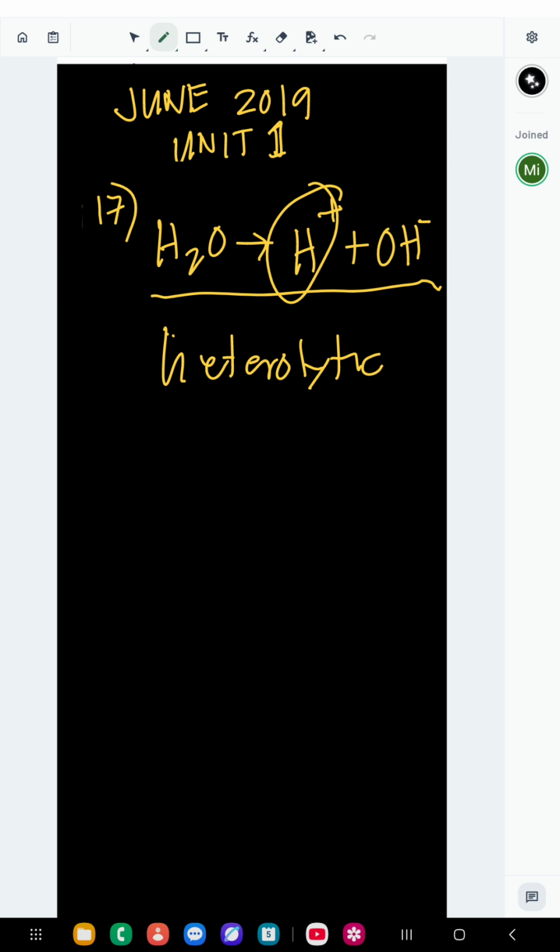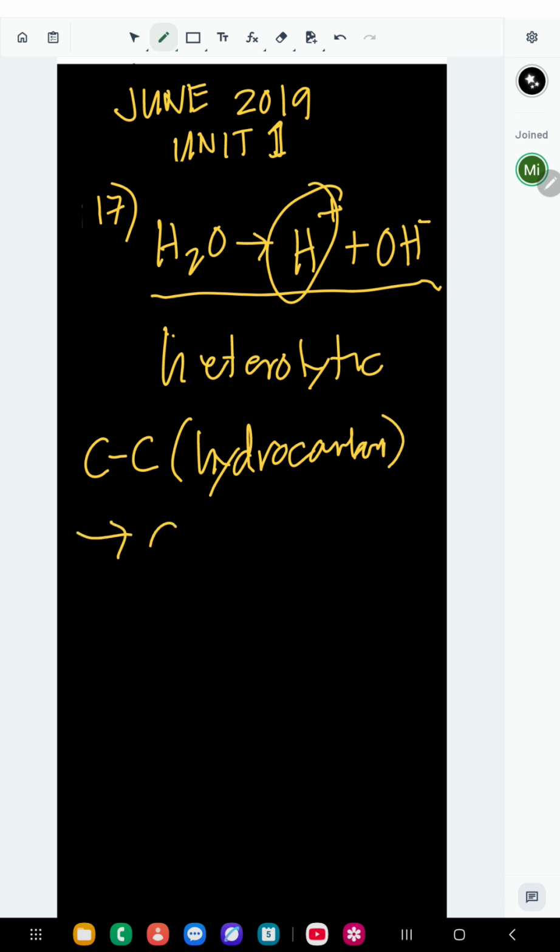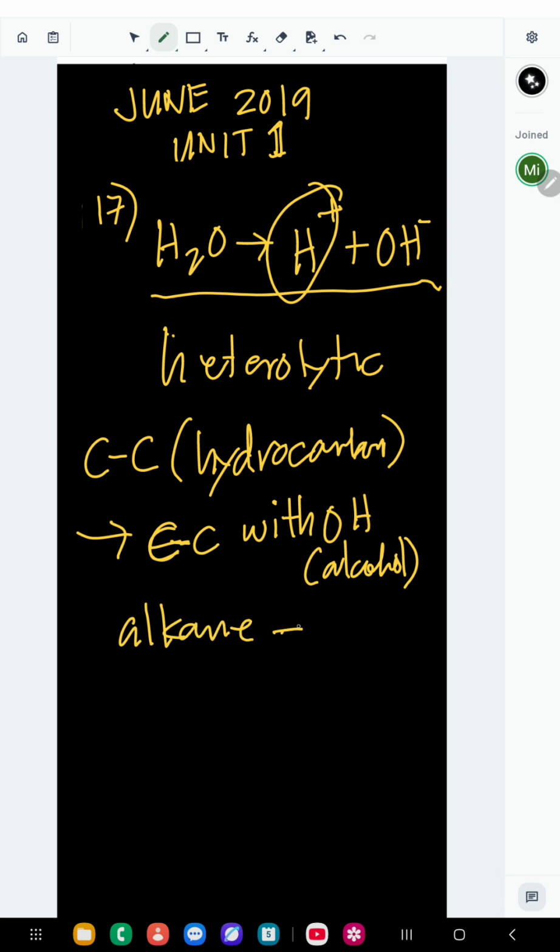Right, carbon to carbon bond. The first structure is a hydrocarbon with an alcohol. OH is alcohol. So that means the conversion is from alkane to alcohol. So let's identify what type of reaction between them.